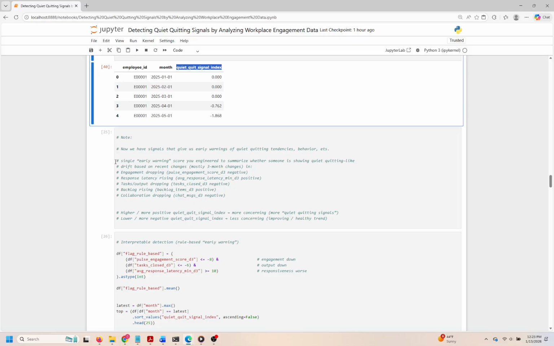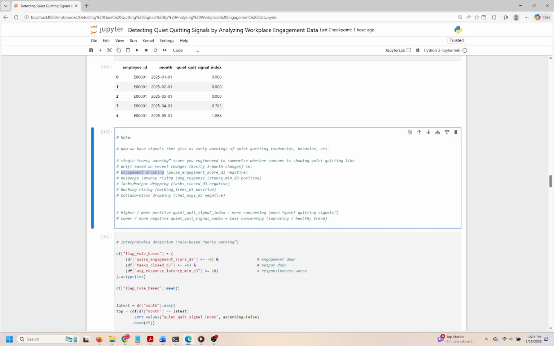The logic behind this score is built upon several key variables that we examine closely. First, we look at changes in engagement levels, where a decline indicates a potential issue. Simultaneously, we assess response latency. If it's increasing, it suggests individuals are taking longer to engage with tasks, a worrying sign of disengagement.